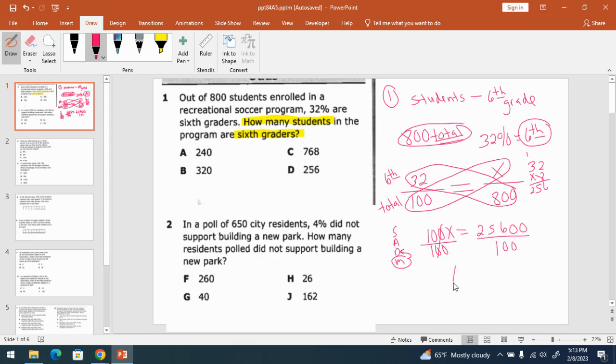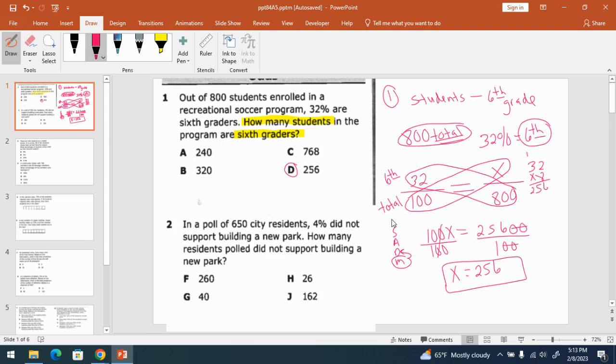This cancels. You see these two zeros? I can drop 2 for 2. Makes the problem much easier. 256 divided by 1 would be 256. Now you know that there's 256 kids, the x, that are sixth graders. So the answer would be D.